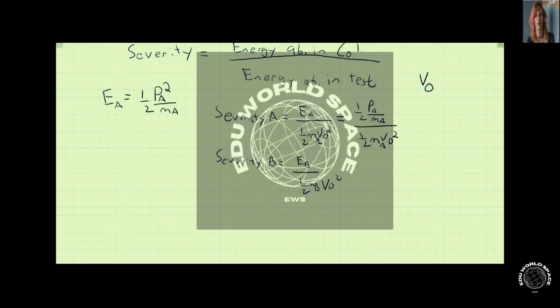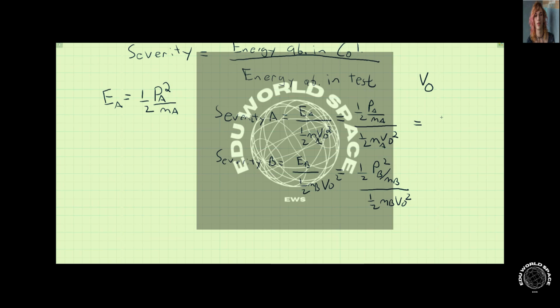That ends up being 1/2 P_B squared, the amount of momentum car B had prior to the impact, divided by mass B, all divided by, again, the energy absorbed in our test case. So we do a little simplification here. And what do we get?